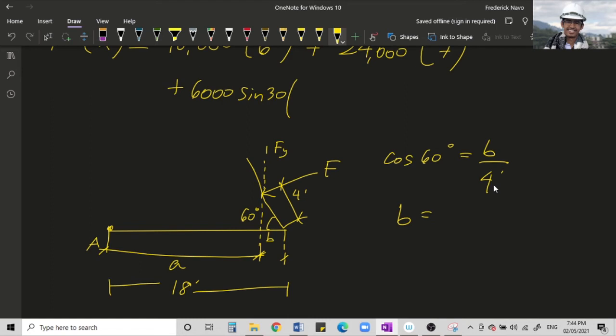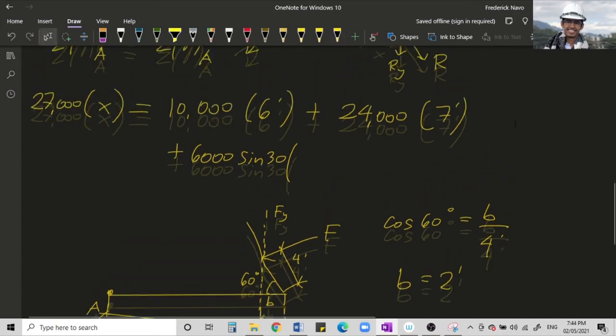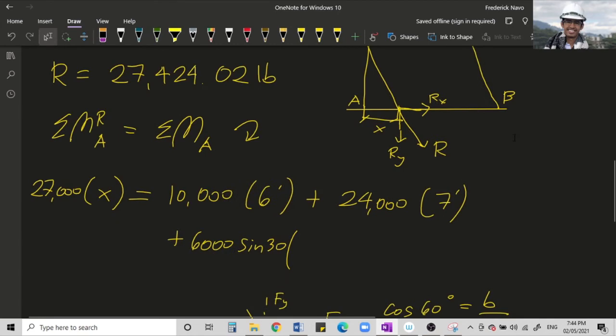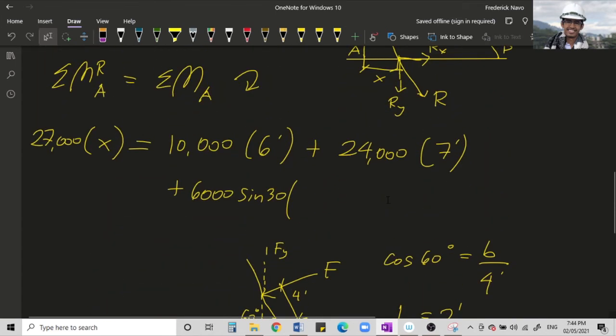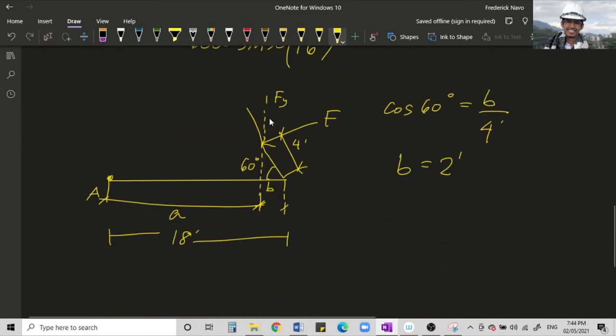So, our B will be 2 feet. So, 18 minus 2 feet is equal to 16 feet. So, yung distance ng Fy natin from point A will be 16 feet. So, 16 feet yung i-multiply natin dito. Tama? 16 feet. Ayan.